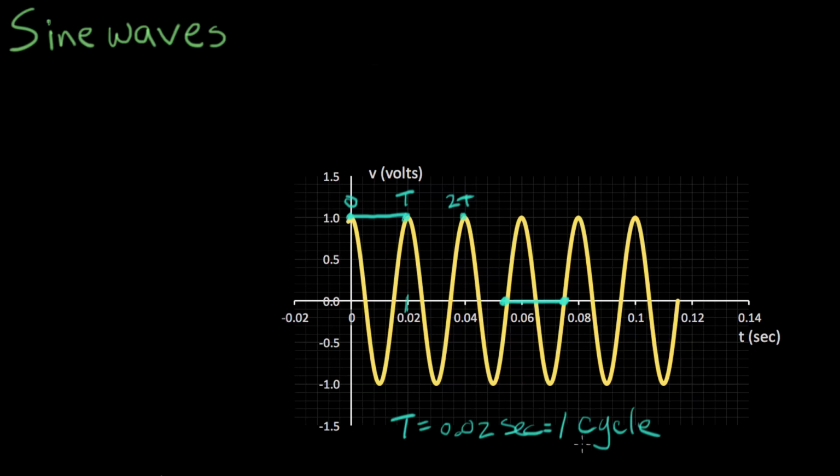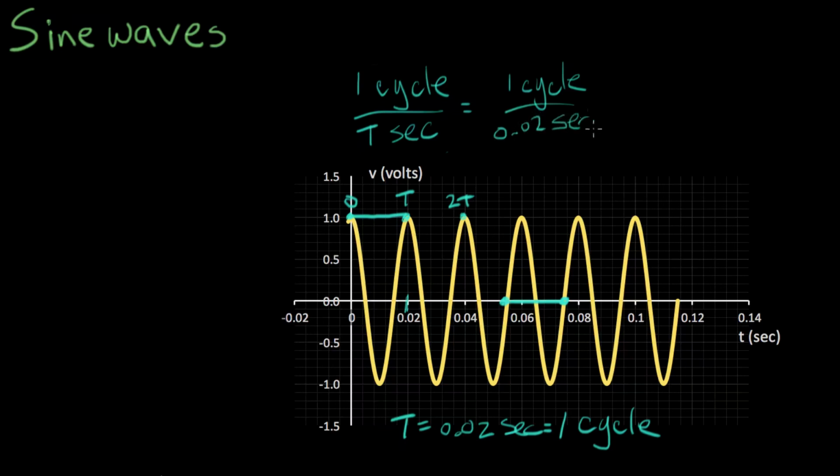So one of the questions I can ask about this waveform is how many cycles fit in 1 second? How many cycles per second is another way to say that. So we can say that one cycle happens every T seconds. And in our particular case, it's one cycle per 0.02 seconds.